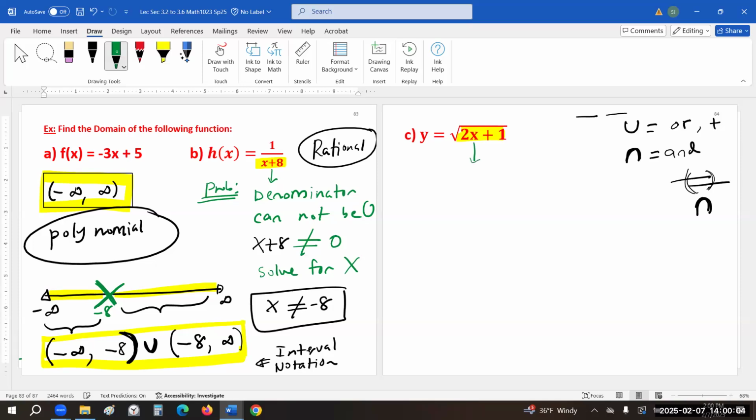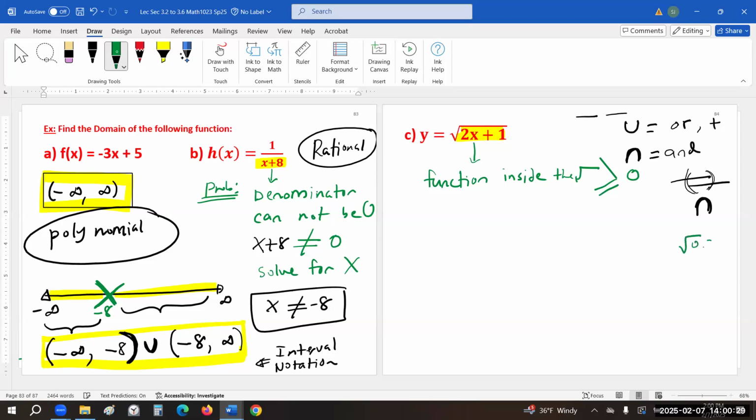So we said the function, whatever that is inside the radical, this function must be bigger than 0, or it can be equal to 0.